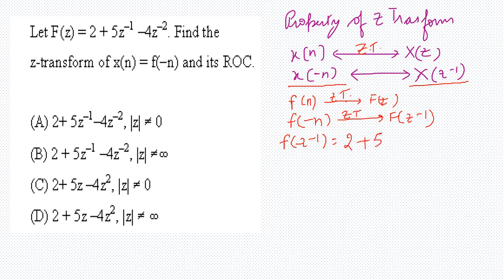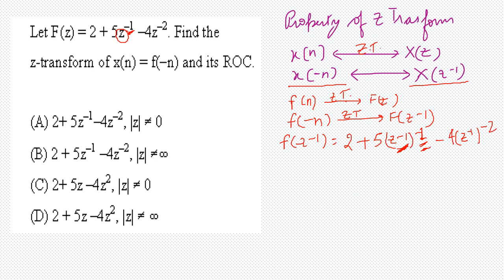So I write 5 z to the power minus 1, keeping the minus sign as it is, and instead of this whole z I write z inverse. Then minus 4 z, again with power minus 1, and its power is minus 2.